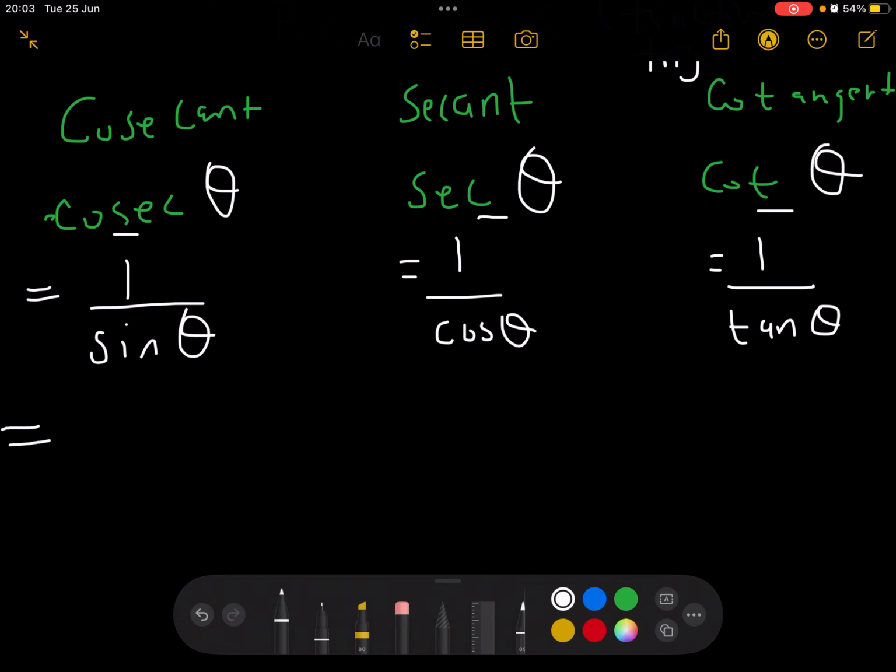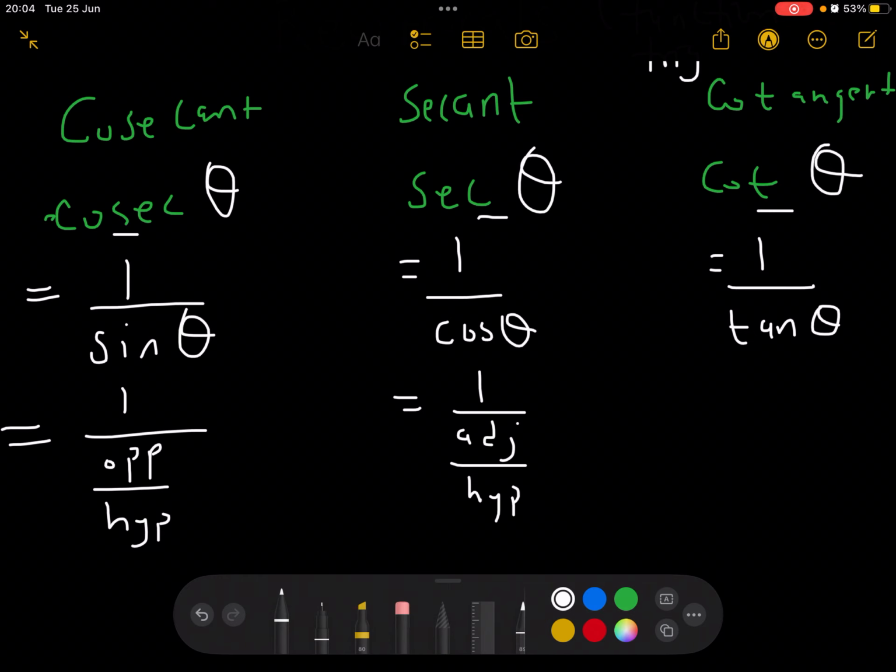But we have already defined sin theta, according to that mnemonic, as opposite over hypotenuse. So 1 over sin theta is 1 all over opposite over hypotenuse. This one is 1 over adjacent over hypotenuse. Then this one is 1 over opposite over adjacent.